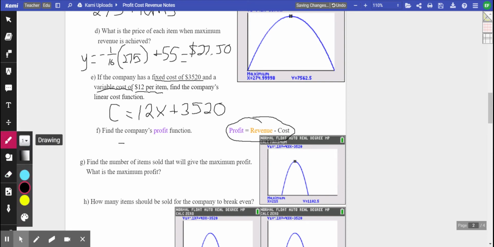Our revenue was -1/10 x squared plus 55x. So that was our revenue. If I subtract my cost from that, my cost was the prior step, 12x plus 3520.